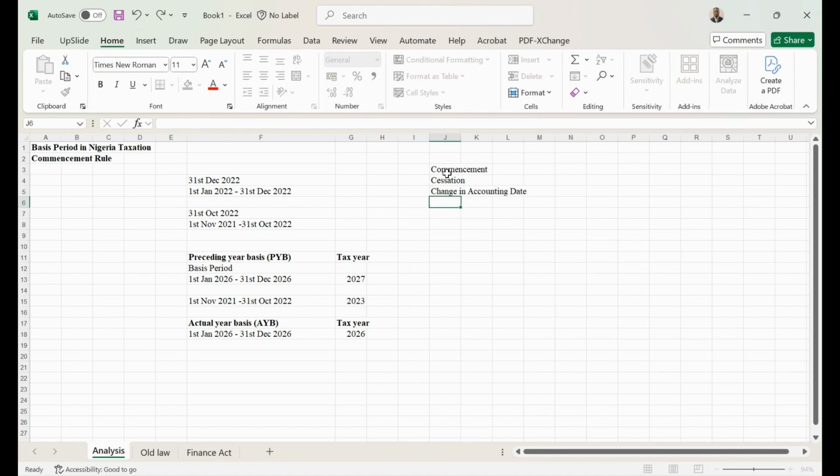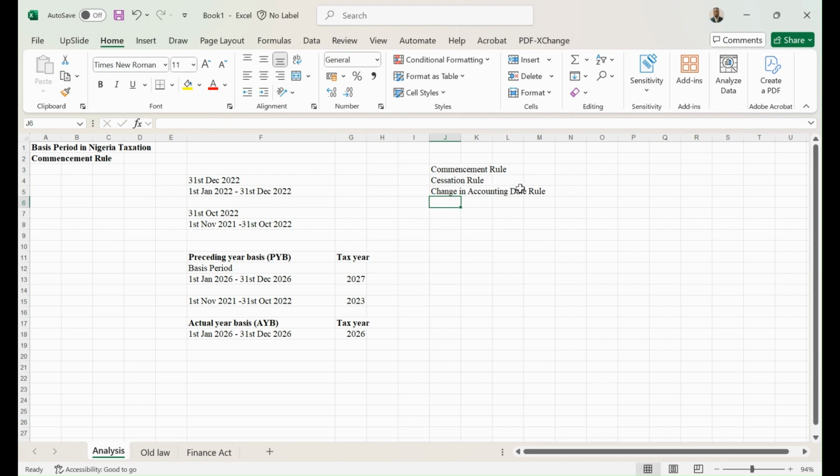These three problems can be solved with the help of basis period. And to solve them, the law has given us three different rules that will solve each of these problems. For commencement, we have the commencement rule. For cessation, we have the cessation rule. And for change in accounting dates, we have the change in accounting dates rule.